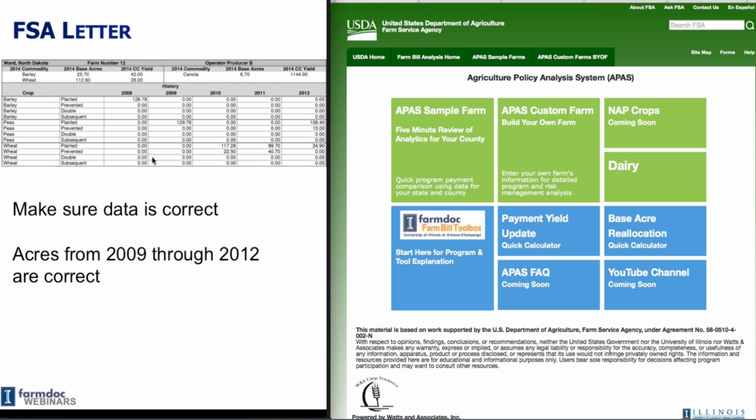You can change these decisions up to the program deadline. The yield updating and the acre reallocation decision are the choices of the landowner, and so the landowner will be making these decisions.